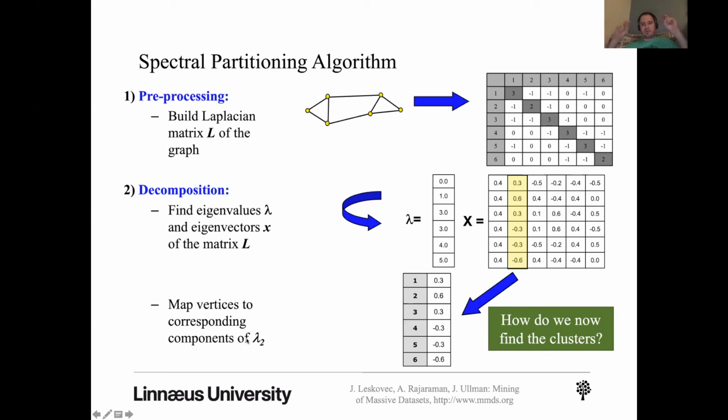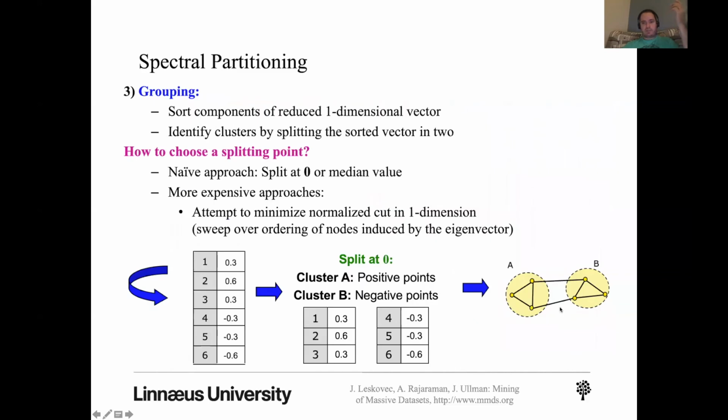Basically, this is what I call projection, like you're projecting the points into a line, but it's basically the same. You're just assigning values to the nodes. Node 1 gets value 0.3, node 2 gets value 0.6, node 3, and so on. And then the question of how do we find the clusters, I've already kind of talked about it. One of the most common things is to just split at 0.